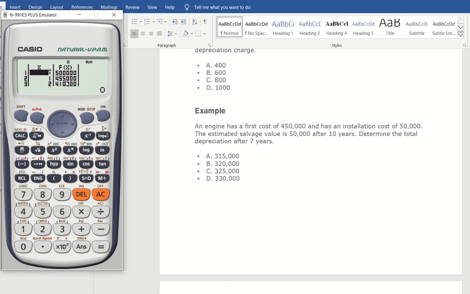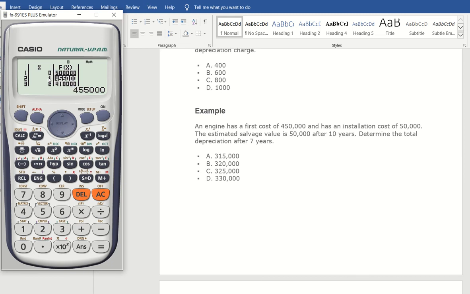All right. So as you can see, in your x value, that's gonna be the number of years: zero, year one, year two, year three, year four, year five, year six, year seven. And then here in your fx value, in year zero, that's your first cost, and then year one, salvage value, salvage value, salvage value.